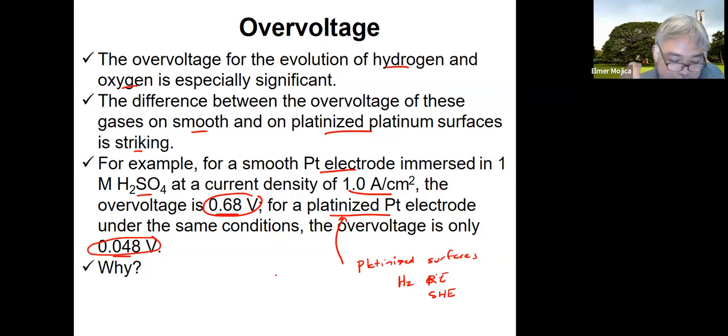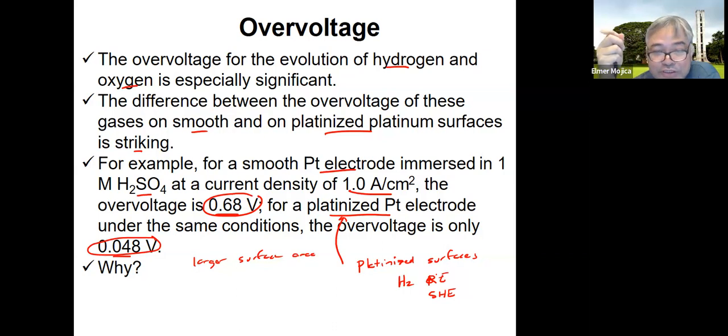than gold. But the difference is primarily due to the much larger surface area associated with the platinized electrode, which produces a real current density significantly smaller than is apparent from the overall dimensions of the electrode.